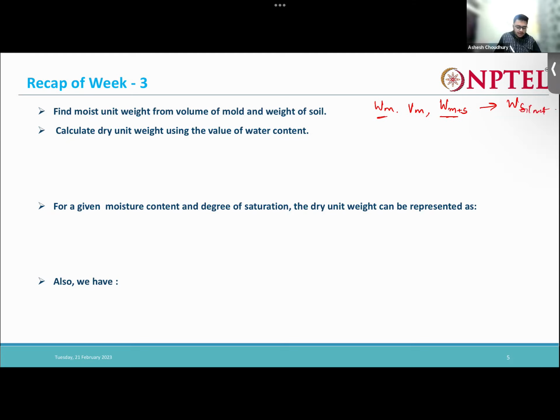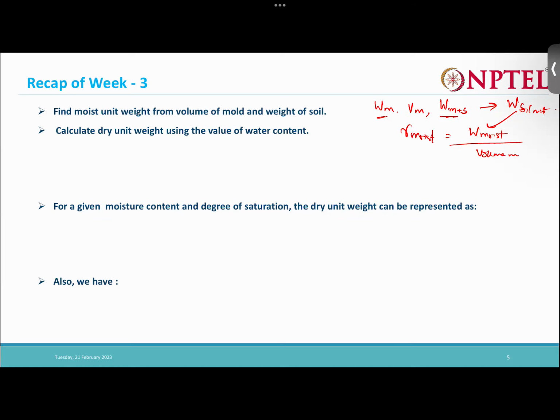Okay, now we can find out the moist unit weight, gamma moist, from this weight, W moist, divided by the volume of the mold. If you do this, we can easily find the moist unit weight of the soil. Okay, now from this moist unit weight, how can we calculate the dry unit weight?